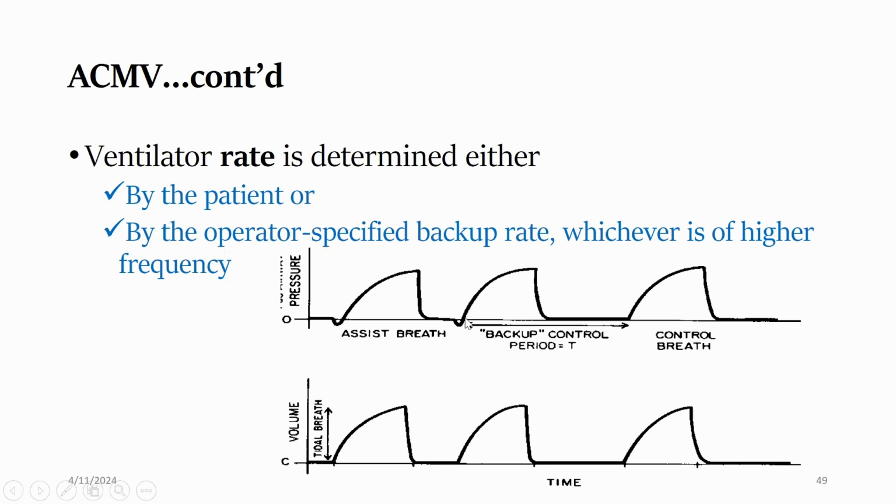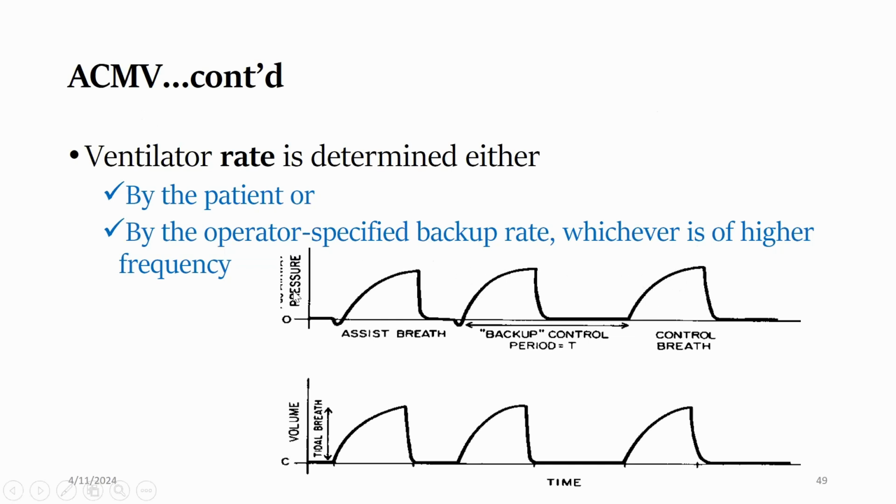A patient also here tries to breathe, it gives a full tidal volume, that's called assist. But when a patient is unable to trigger a breath, and it is time to give a breath based on the rate you set, it will give a full tidal volume as well. So whatever the breath initiation, whether it's a patient breath or a mandatory breath delivered by the machine, it will always give a fixed tidal volume.